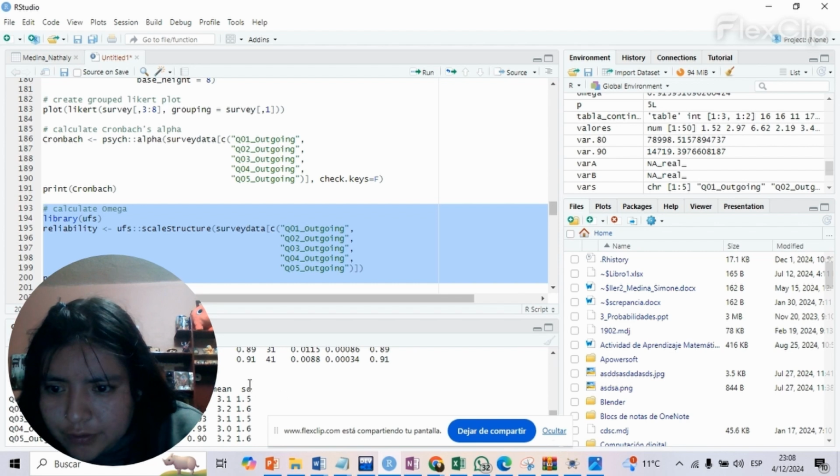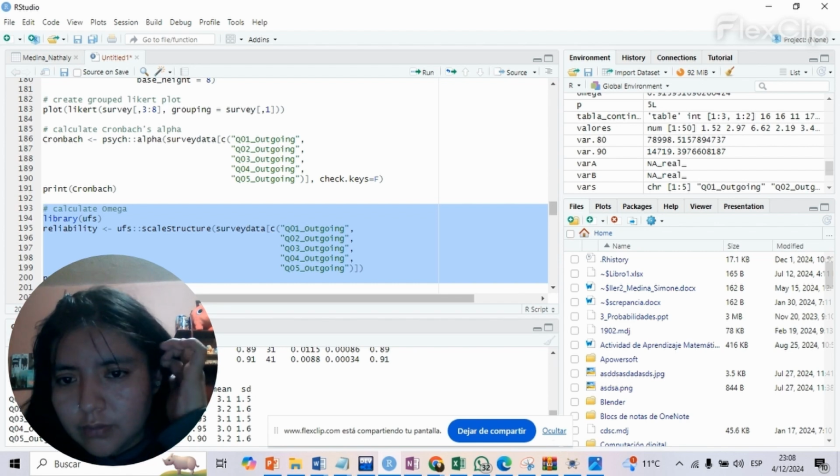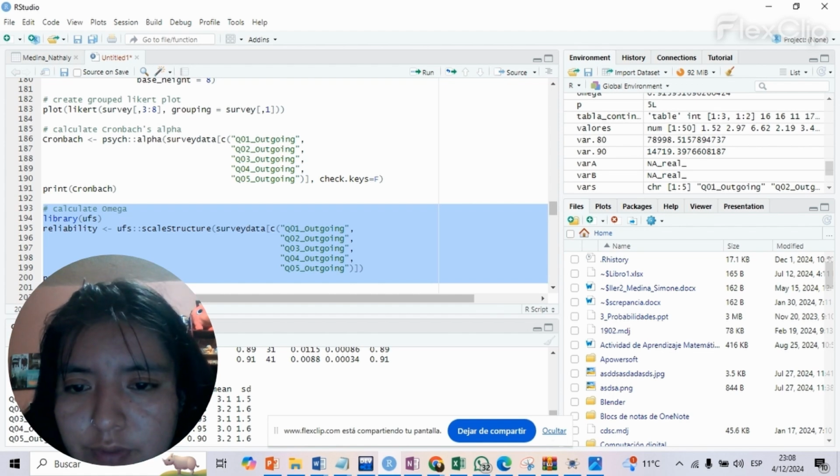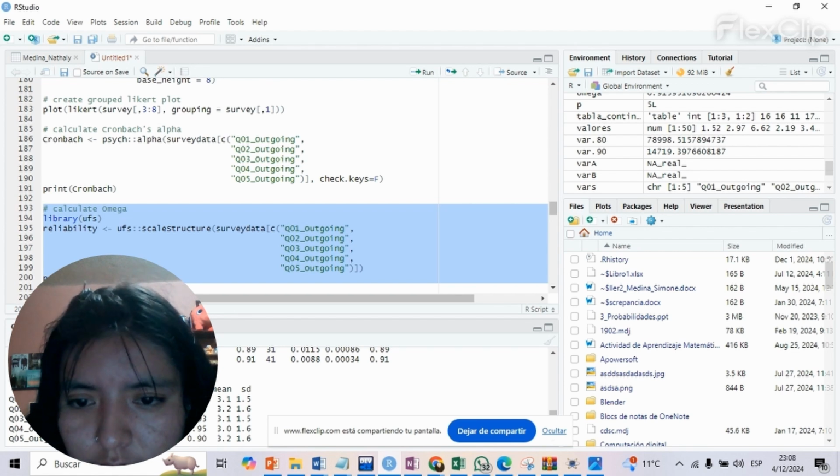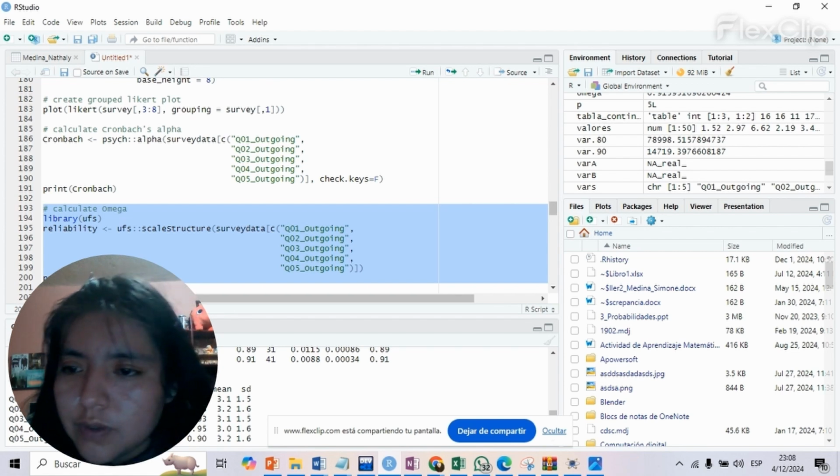Okay, sorry. These are our result values. We have a value above 0.7, so the questions are measuring the same concept.